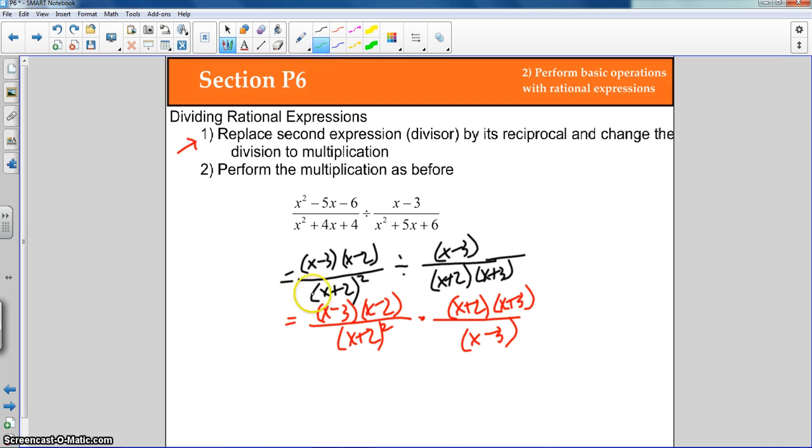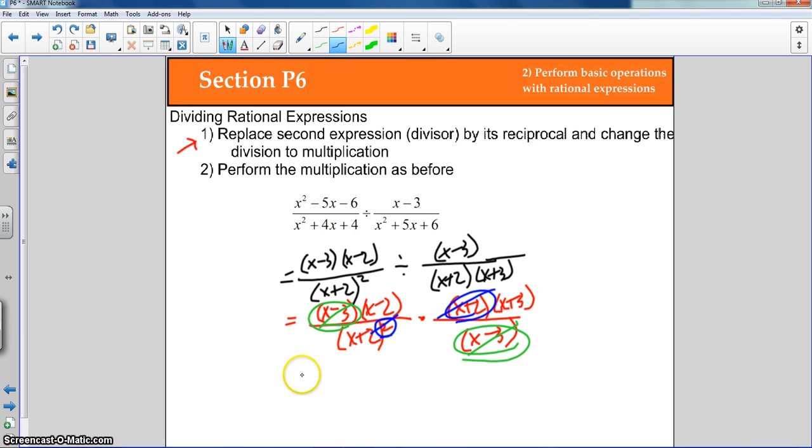Okay, let's see what we have in common. I have an x minus 3. Those cancel. I have, let's see, I have an x plus 2, and I'm going to do it in the numerator because there's actually 2 of them, and an x plus 2. Those will cancel. And I think that's it.